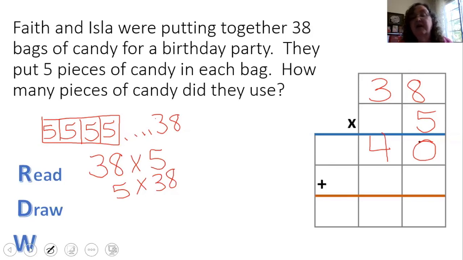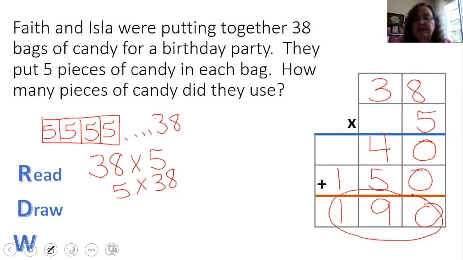Now, this is not 5 times 3, but 5 times 30 is 150. Now I need to add. 0 plus 0 is 0. 4 plus 5 is 9. And 0 plus 1 is 1. Beautiful. There's my answer. But am I done?